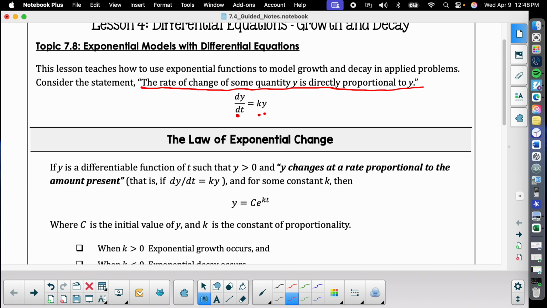And our goal is, by the time you're done with the particular solution, we're going to have to figure out k and figure out c, because they are different constants. The k is like how much proportional it is, whether it's double, whether it's triple, whatever. The c is a constant that is added on that you don't know what it is until the end. So we're going to have two different constants we have to find out.